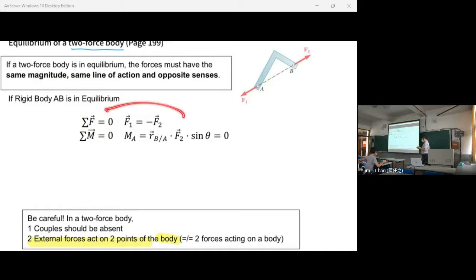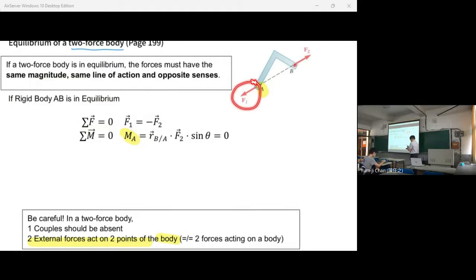This is easy. And how about summation M equals 0? Let's say we take point A as the point of reference. Then F1 will not have a moment arm, so it will not have a moment.